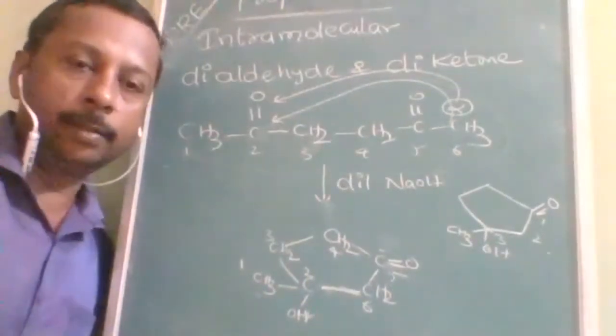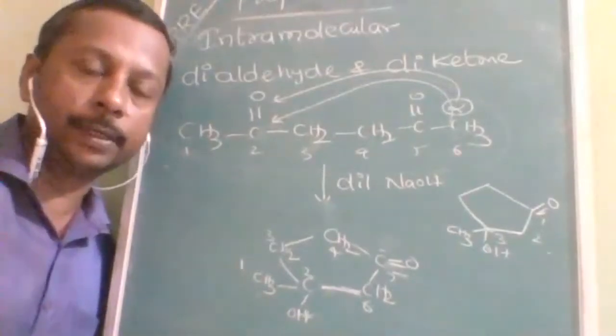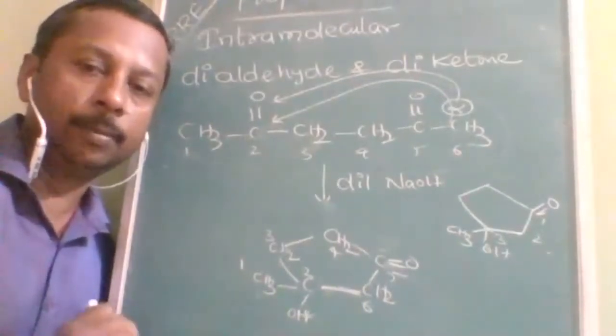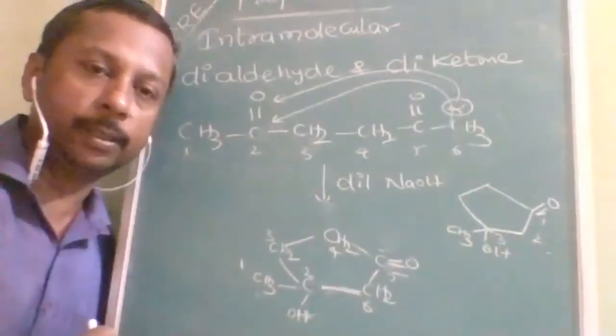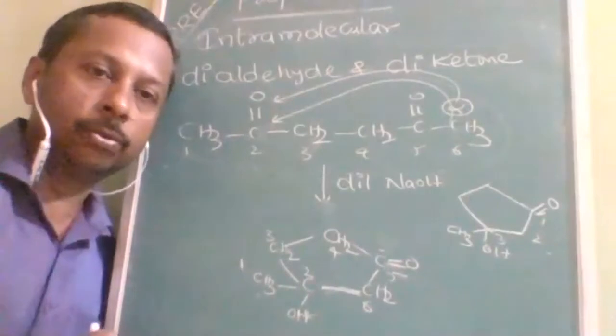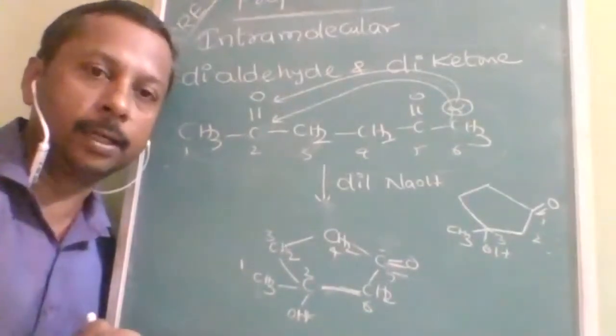All three parts of aldol condensation are clearly explained with the proper tricks. I think this topic is very clear to you, and you will score very high marks in aldol condensation.